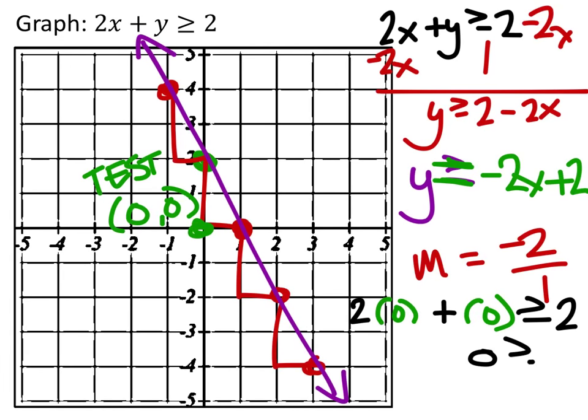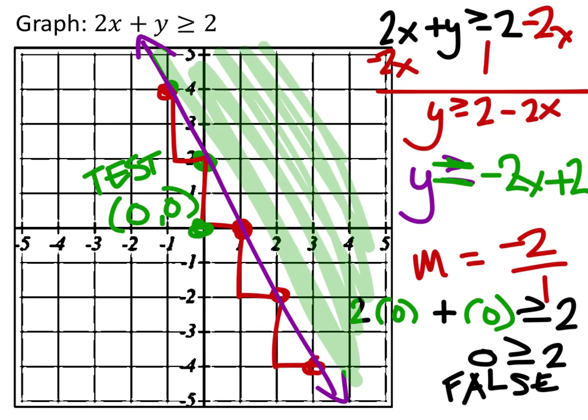Well, that gives me 0 is greater than or equal to 2. That's false. And so I would need to shade the other side of that line. There we go. Some of you guys like the checkered effect of that, or a happy tree, either way.